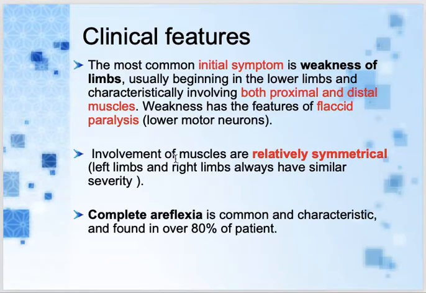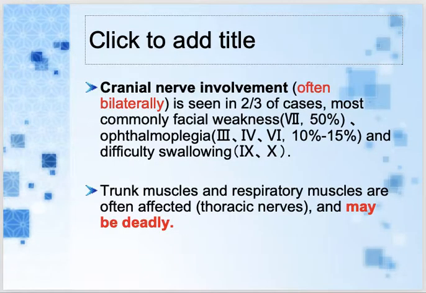And there is motor weakness, which is symmetrical, which affects the lower limb first, and it starts ascending to the upper body. And it can involve the cranial nerves, often bilateral, okay. In two-thirds of the patients, most commonly the facial nerve, but other nerves can also be involved.